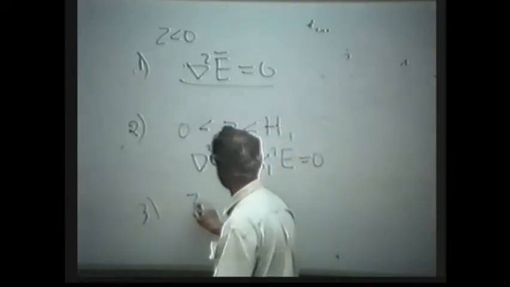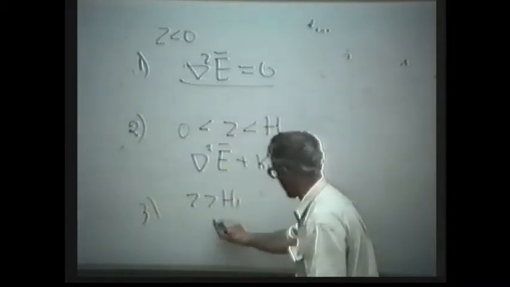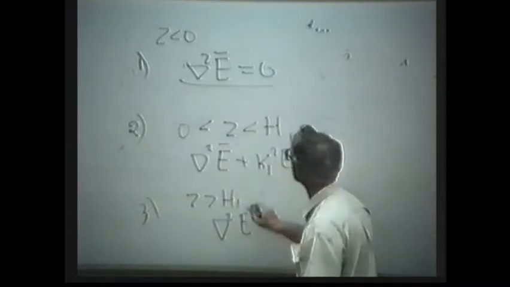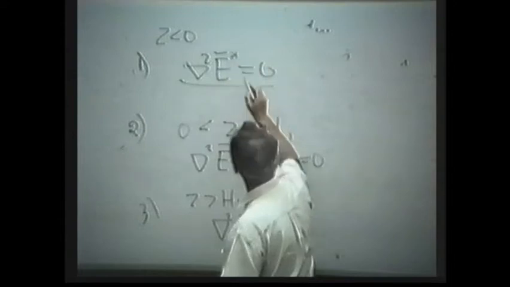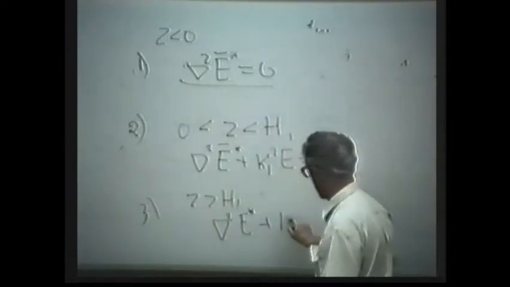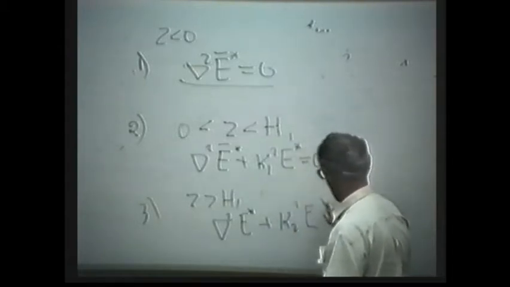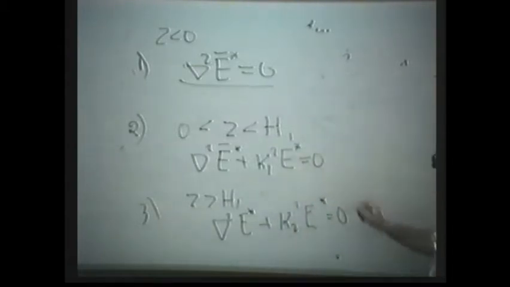When we have Z greater than H1, we have again the Helmholtz equation, and everywhere I have to put the complex amplitude, it's not the field, plus k2 squared E equals 0. So, where did I describe the field?